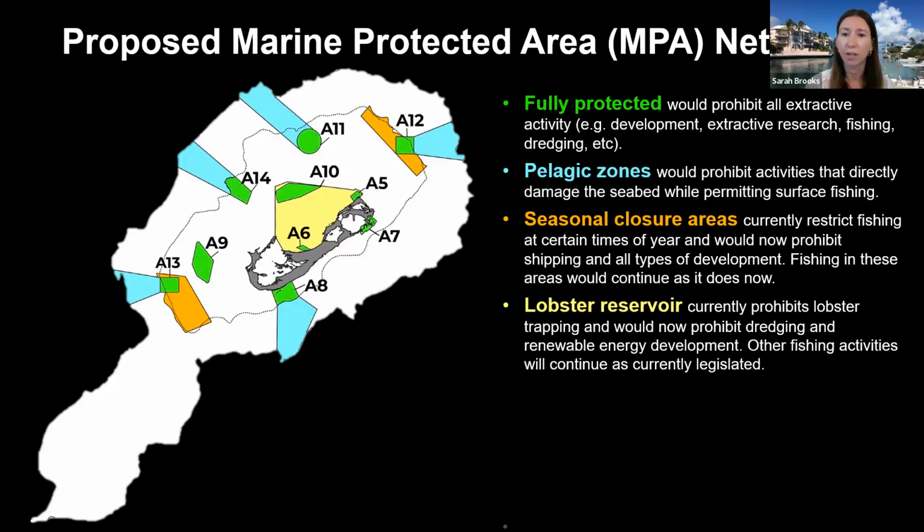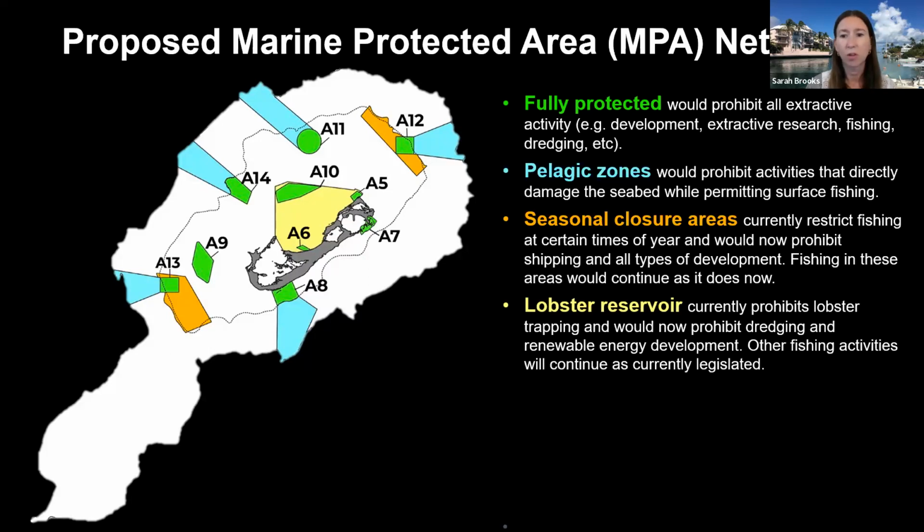The level of protection depends on what the underlying ecological objectives are and also how that area is used by people. So the areas in green show where full protection is proposed and therefore no extractive activities would be allowed. That includes activities such as fishing, mining, extractive research, and also damaging activities such as dumping of waste and development.